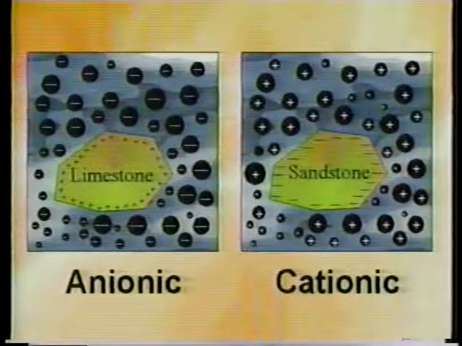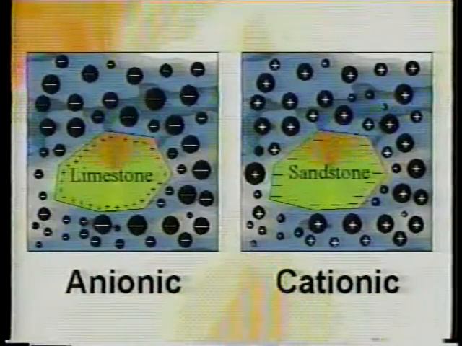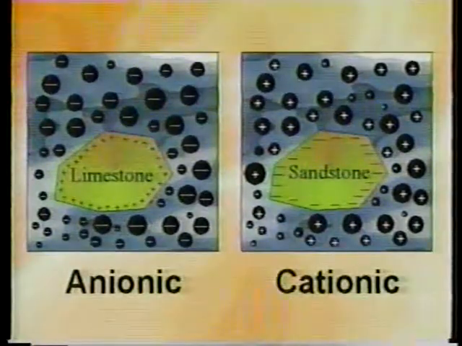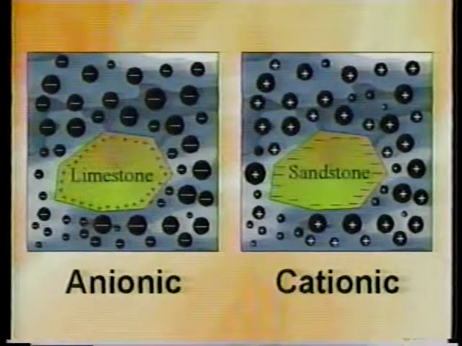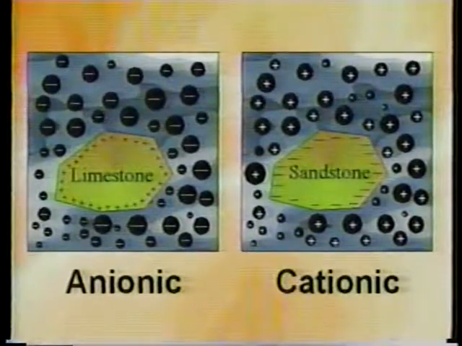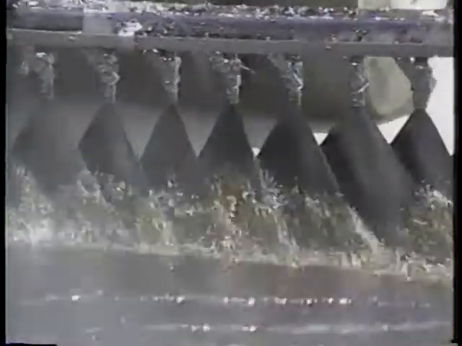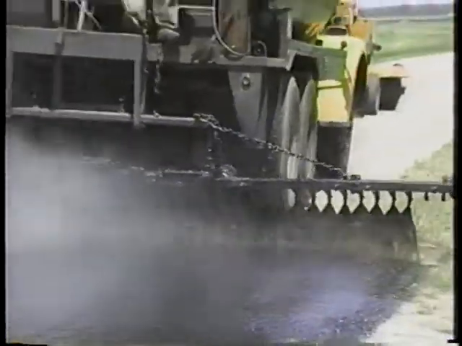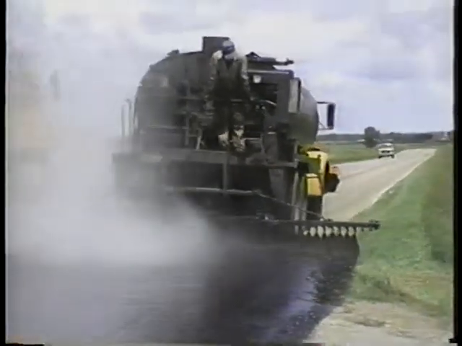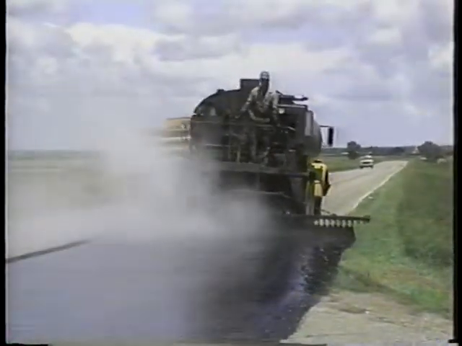There are 2 types of emulsions, anionic and cationic, with different electrical charges. The type used has to be compatible with the chips used, and this compatibility must be verified in advance. Unlike emulsions, asphalt cements and cutbacks don't have water, so their color stays the same.